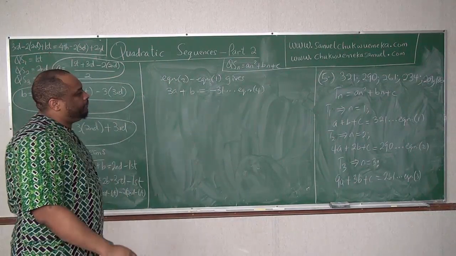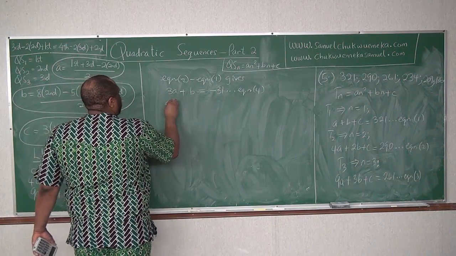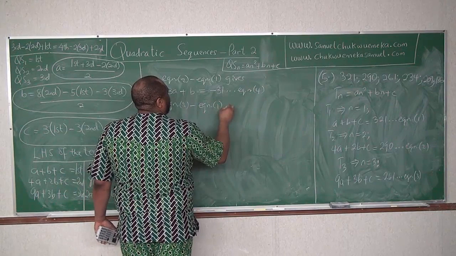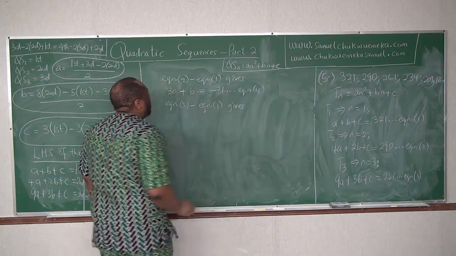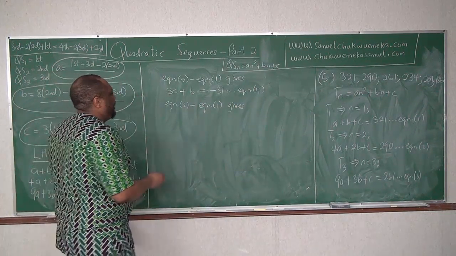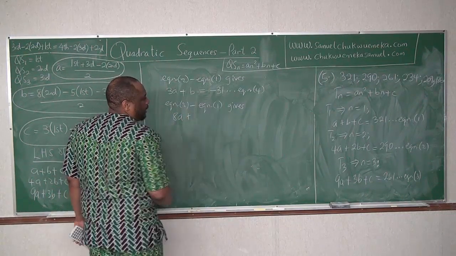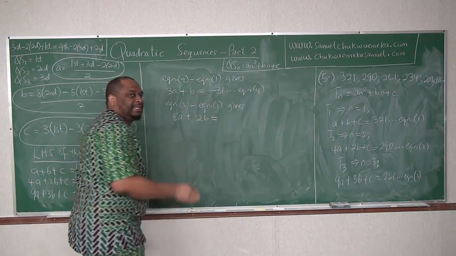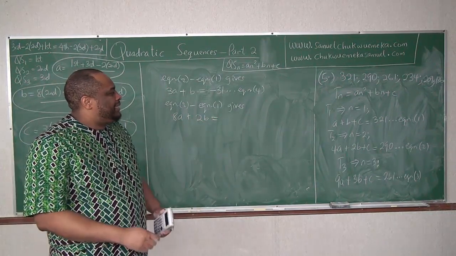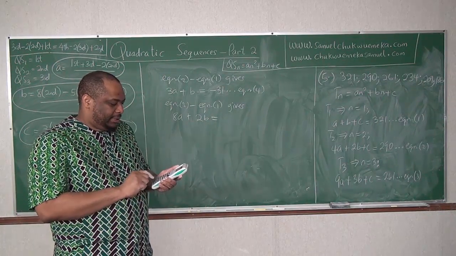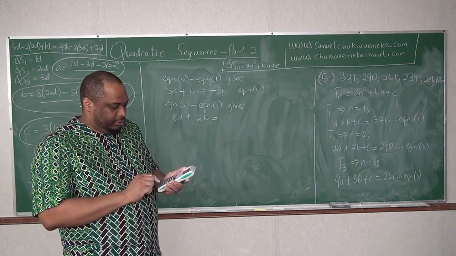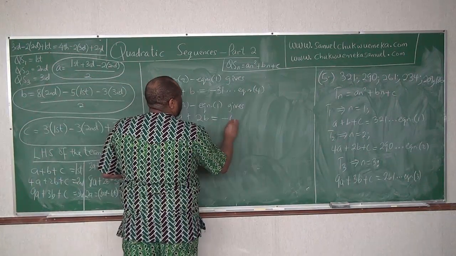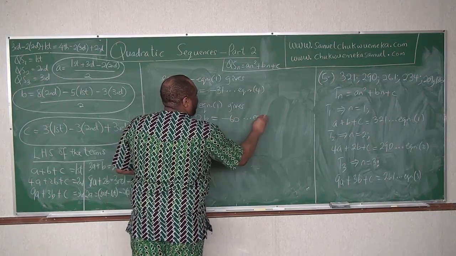Equation 3 minus equation 1 gives 9a minus a is 8a, 3b minus b is 2b, c minus c, gone. 261 minus 321 is minus 60. Call it equation 5.